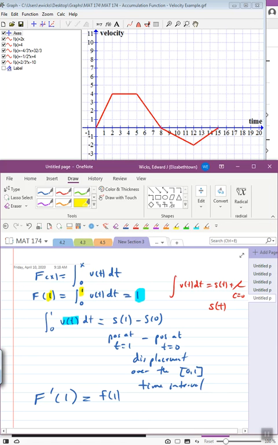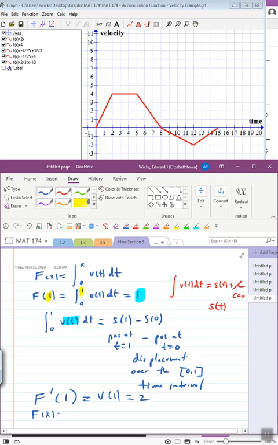Well, let's see. First of all, when we say little f, we are talking about v in this picture, right? Yeah, what's v of 1? Look at your picture again. Yeah, definitely 2, right? Does everybody see how we're getting that?